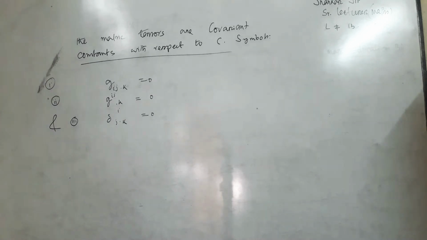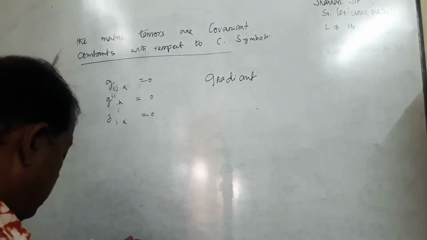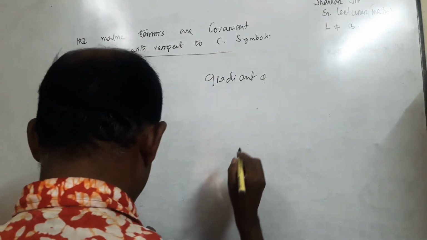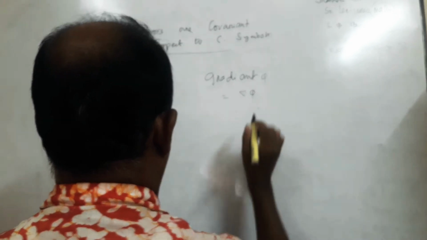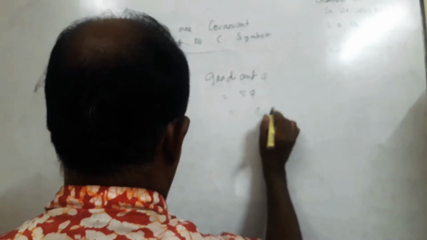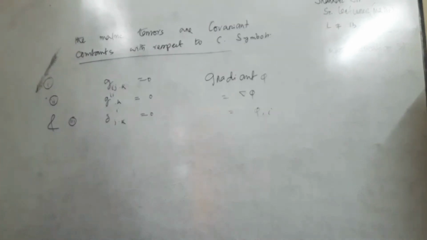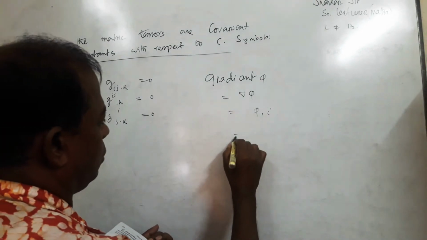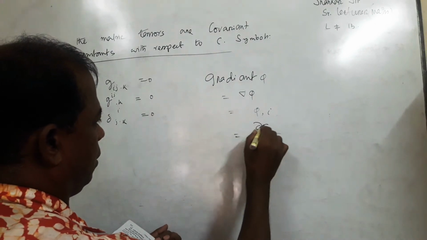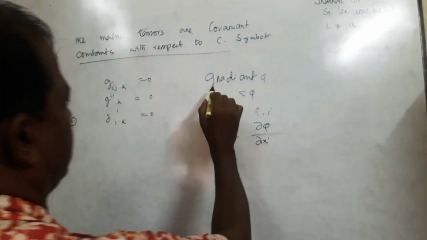So, gradient. Finally, the gradient of phi equals the derivative of phi, denoted by phi comma i, that is, del phi divided by del x^i. This is the gradient of phi.